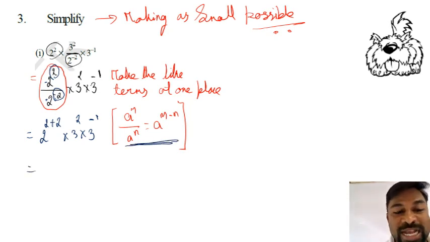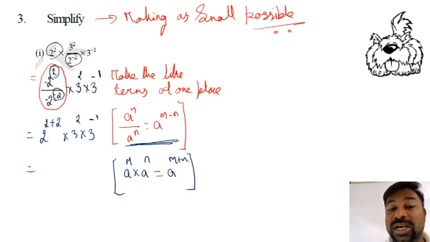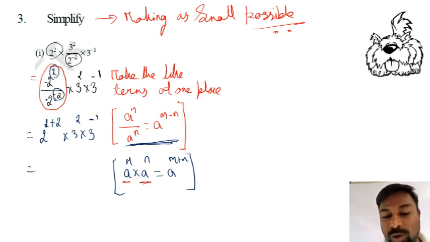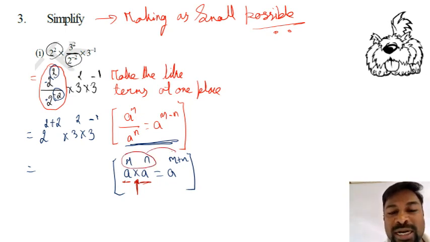Now let us come to the next simplification. We know one more formula: a to the power m into a to the power n equals a to the power m plus n. In a simple way, if the bases are equal and there is a product in between, then the powers should be added.